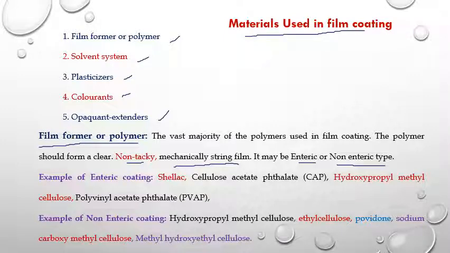Examples for the enteric coating: shellac, cellulose acetate phthalate, hydroxypropyl methyl cellulose phthalate, polyvinyl acetate phthalate. Examples for non-enteric coating: hydroxypropyl methyl cellulose, ethyl cellulose, povidone, sodium carboxymethyl cellulose, methyl hydroxyethyl cellulose.